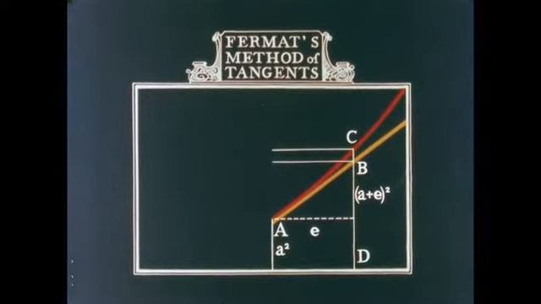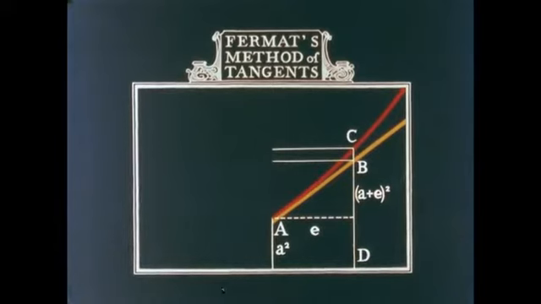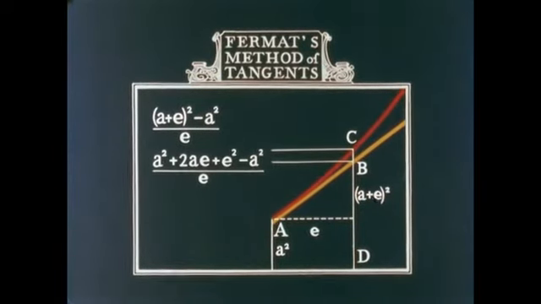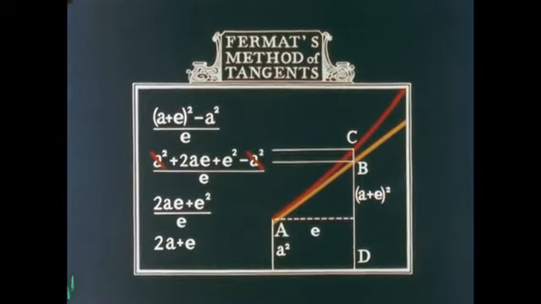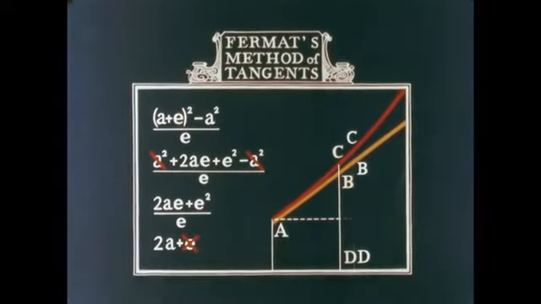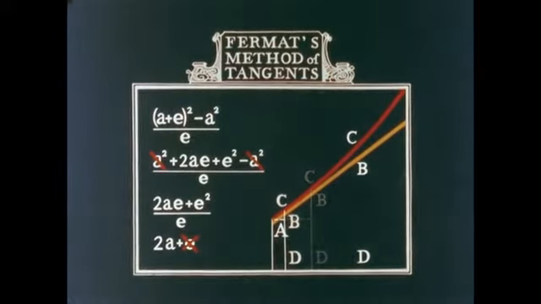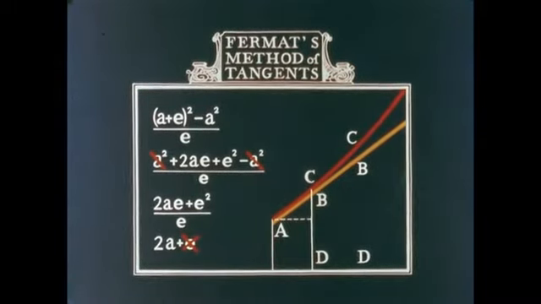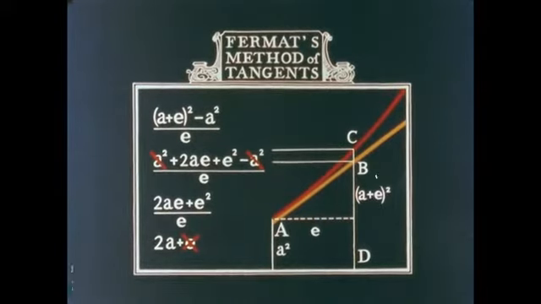So the slope is greater, but obviously not much greater, than a plus e all squared minus a squared all over e, and that just gives this. Fermat simply dropped the e term. We would nowadays apply a limiting argument, letting B and C approach A as e got smaller and smaller. But however we do it, it's clear that the slope is 2a.